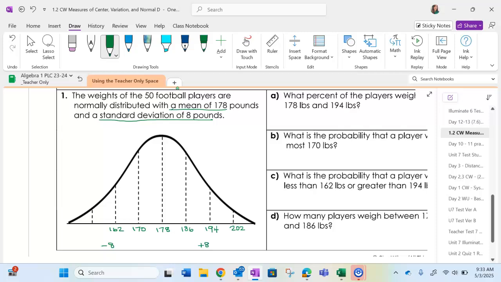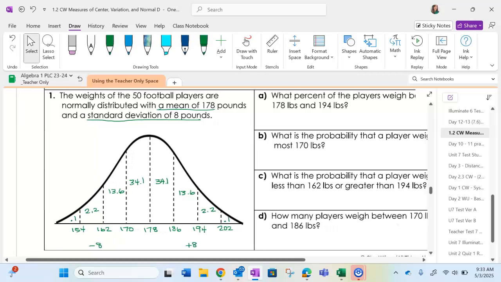And 162 minus 8 is 154. Now, we've already learned that this is 34.1, this is 34.1, 13.6, that means this is 13.6, 2.2, 2.2, 0.1, and 0.1. So now we can answer any question I give you.